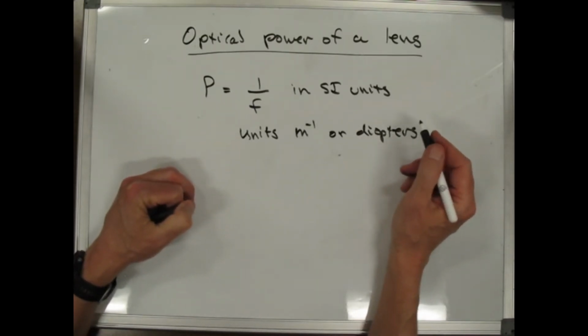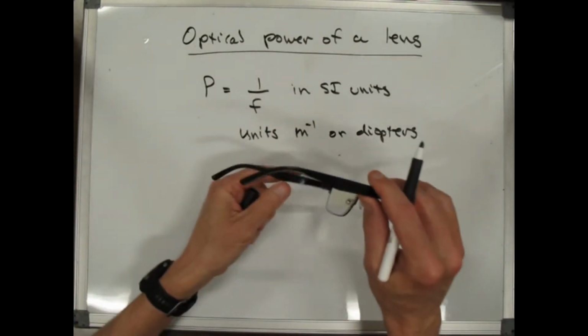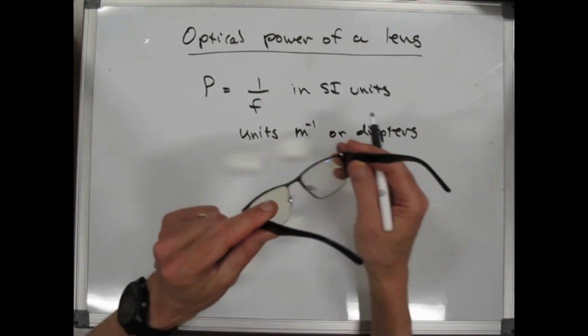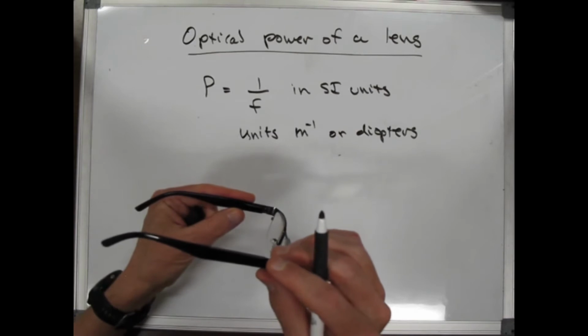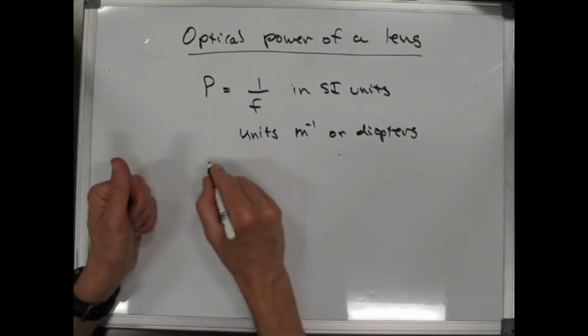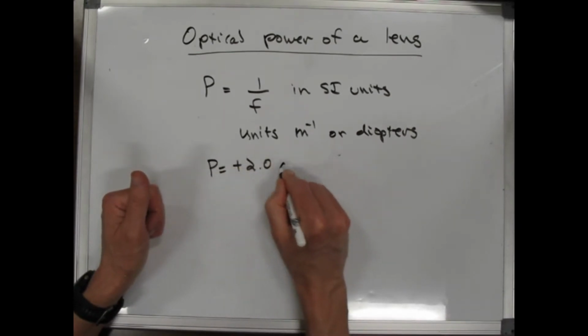And so, for example, if you look on reading glasses, like my reading glasses, I'm sure you can't see that, but somewhere on here it says the power is equal to plus 2.0 diopters.